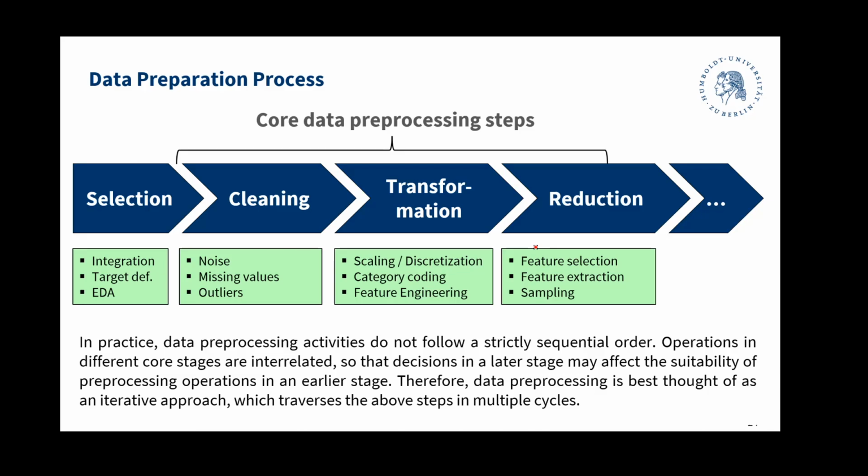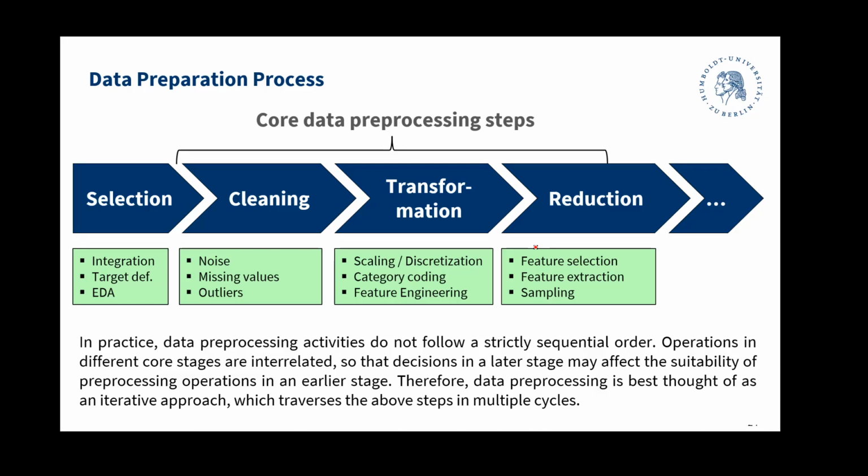I added reduction here. My goal is to identify some common activities in data prep and also their order. Although, when speaking about order, it is important to note that the individual steps in data preparation, as they are depicted here, are typically not necessarily followed in a sequential manner.